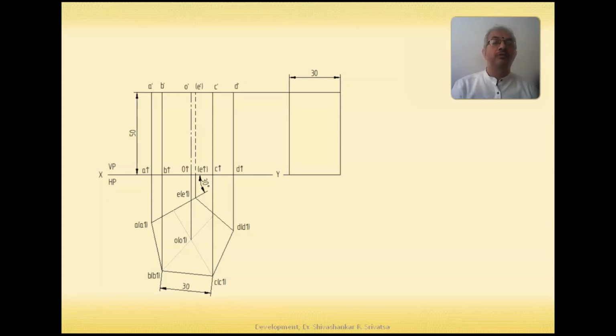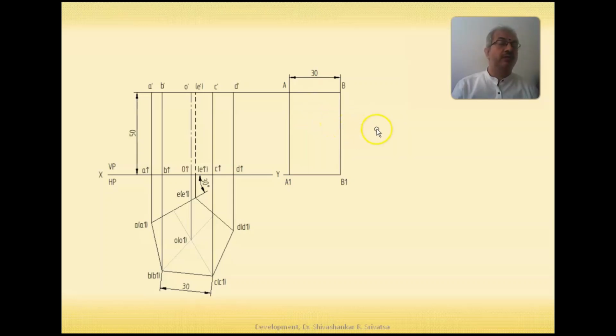We shall name this. The naming would be done like this, and on the development over here you will have to do the naming of the points in capital letters. This is one of the faces which has a width of 30 mm, height of the face is 50 mm. For the basic development we will have 5 such rectangular faces because this is a pentagonal prism.